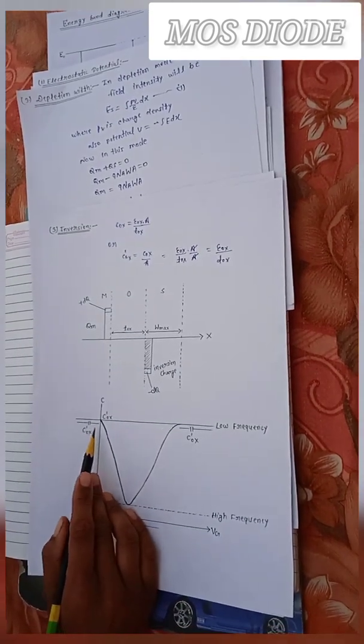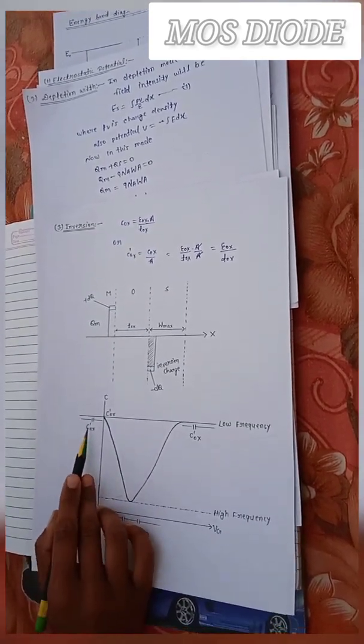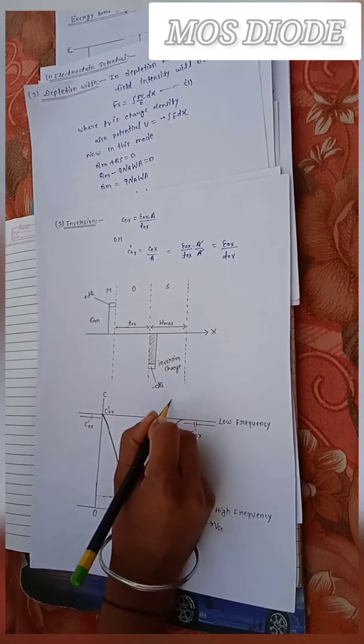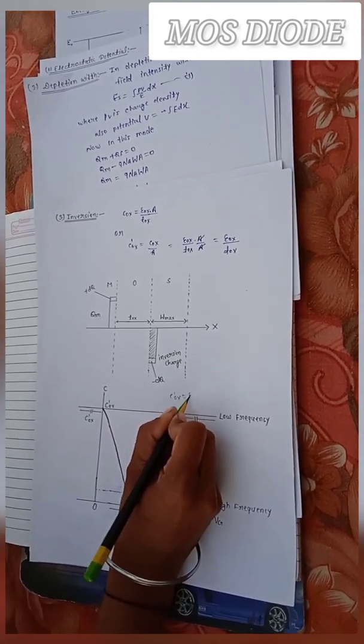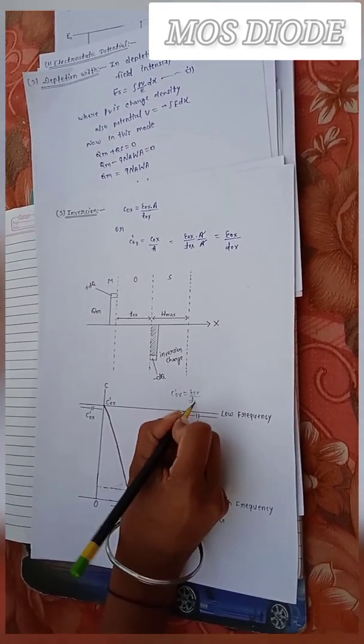This point is accumulation, and the value of Cox prime is epsilon ox upon Tox.